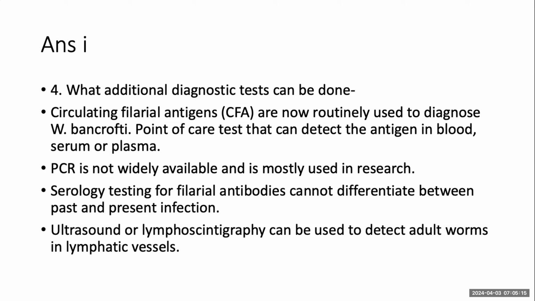But one of the shortcomings of this is that it can't differentiate between an old and a present infection. Also, we can use imaging to actually see the adult worms via the use of ultrasound or lymphoscintigraphy, that you can actually demonstrate the worms within the lymphatic vessels.